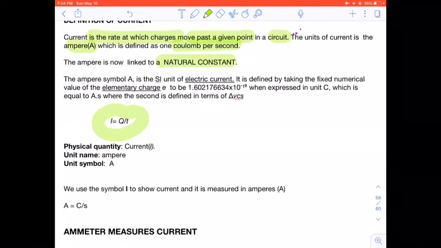So the SI unit of electrical current is now defined by taking a fixed numerical value of the elementary charge, which is the charge on an electron, when this charge is expressed in coulombs, and the coulomb is equal to ampere second, where the second is actually defined in terms of the frequency of a cesium atom.